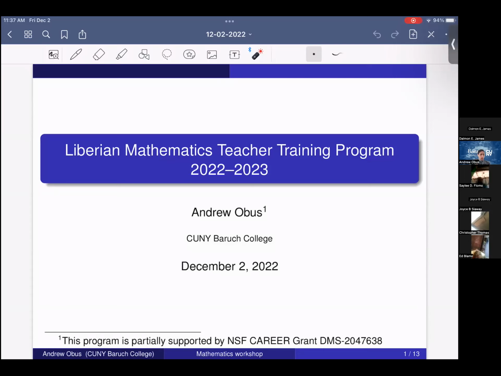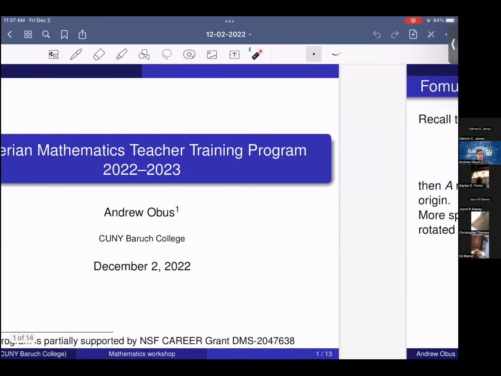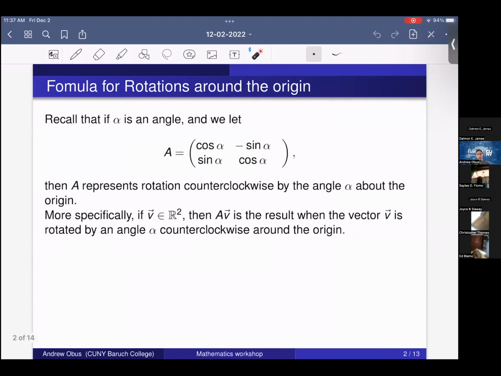Okay. So let's make sure that we review what's going on, because I think maybe a lot of people forgot what we were talking about last time. What we did last time, the main thing, was this formula for rotations around the origin.